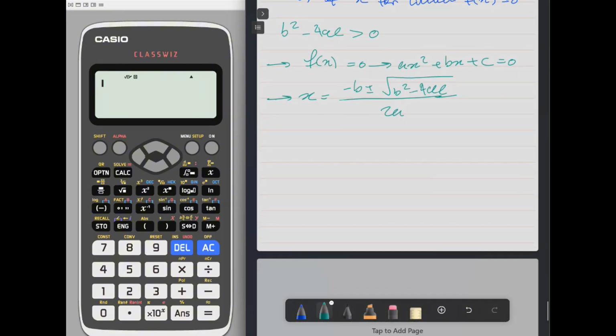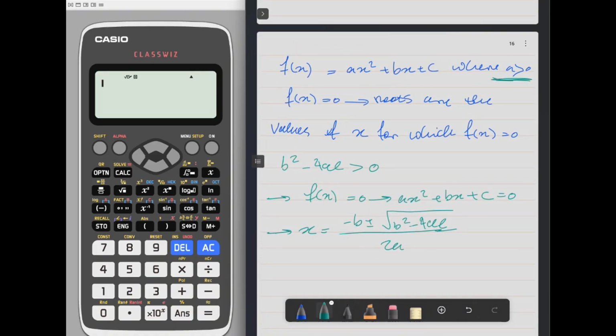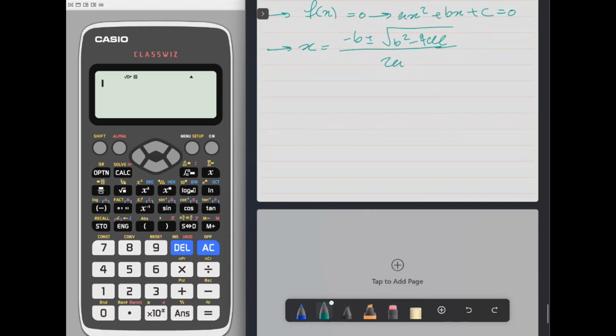So if b squared minus 4ac is greater than 0 and your a is greater than 0, then your graph will be something like this. Y, x. Your graph is going to be like this. 1 root, 2 roots. Why?